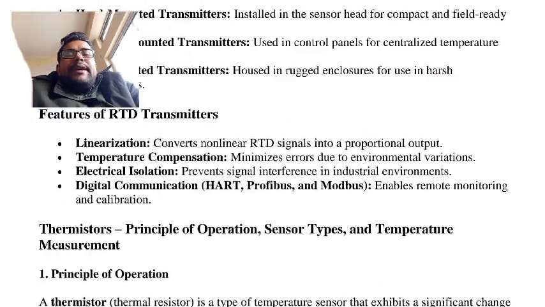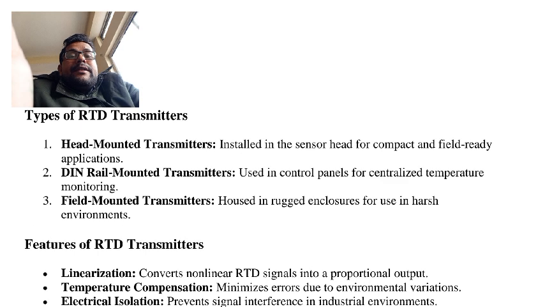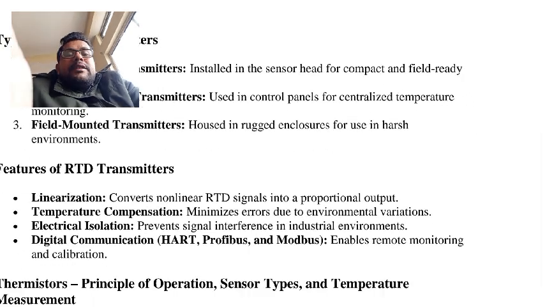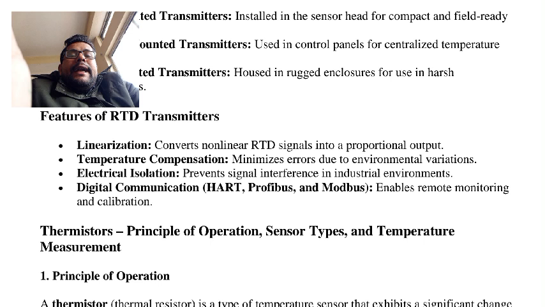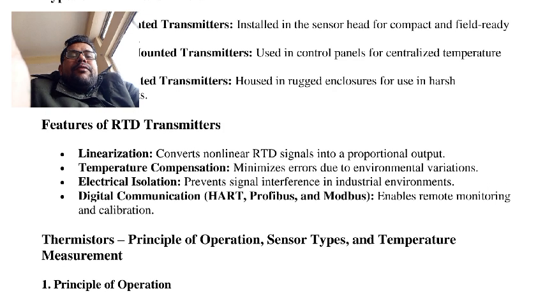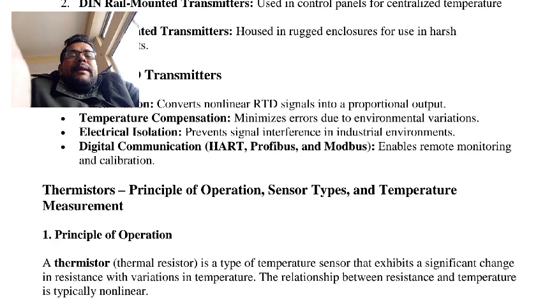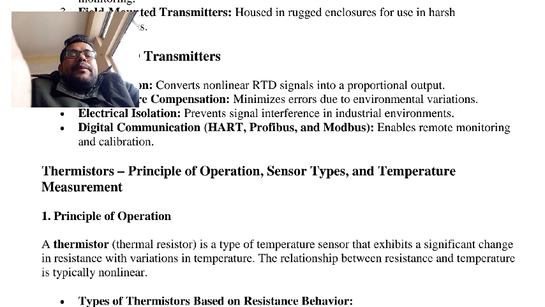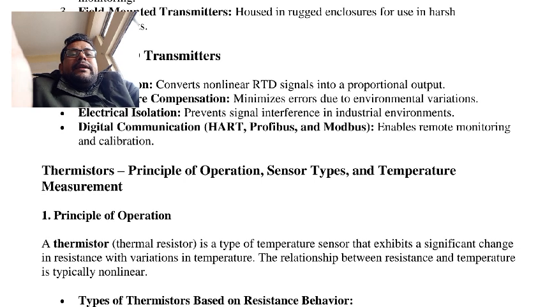So in this way, we have discussed the transmitters in three parameters in RTD. Next, we will discuss thermistors, the second topic for industrial temperature measurement.